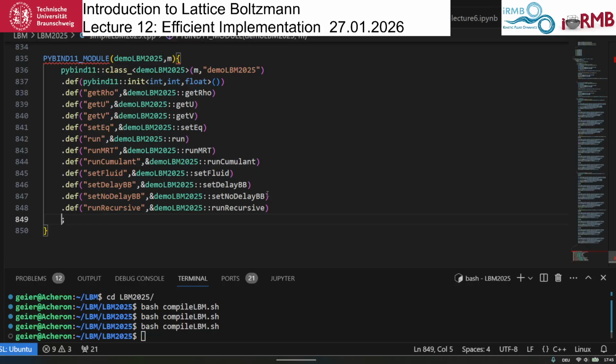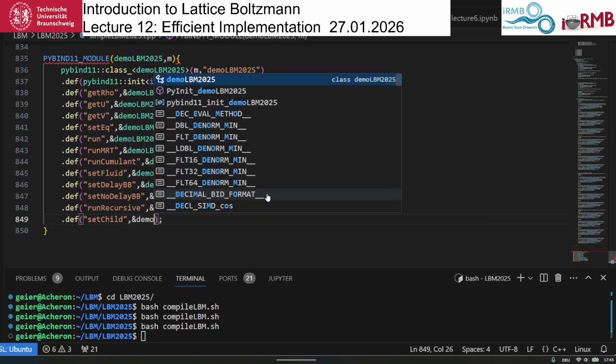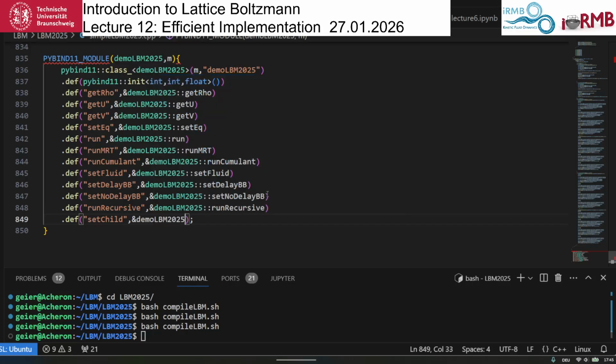I mean, we can also export other things, but the other things are required internally. So we can export them, but we don't need to. Set child. Set. So let me see whether. Okay, while we are compiling, yeah.